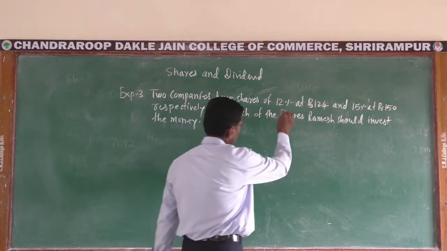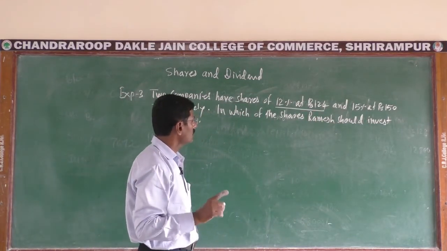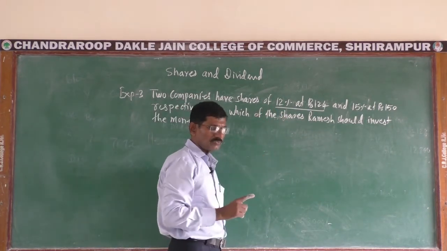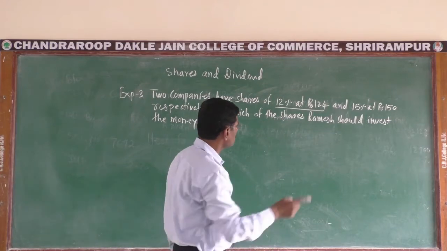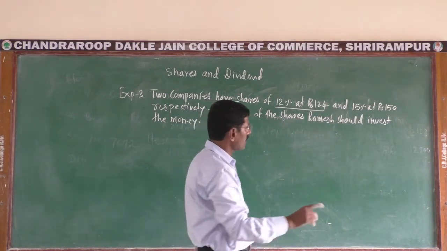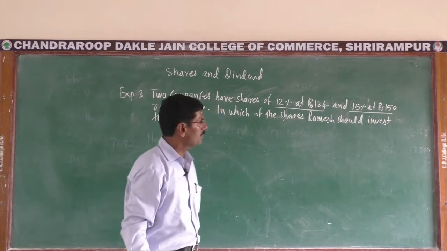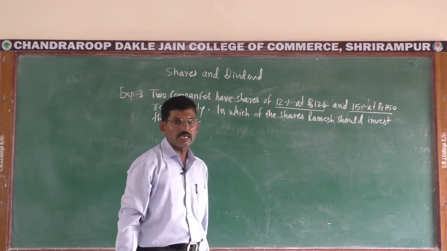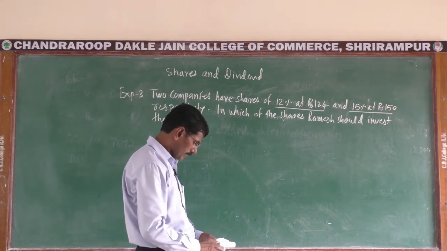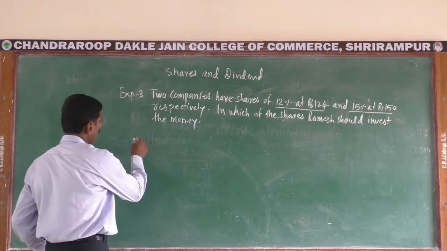First, 12% at 124, it means the rate of dividend is 12% and a face value of shares 100, purchased at rupees 124. And the second option is rate of dividend is 15% and the market value of the shares is rupees 150.